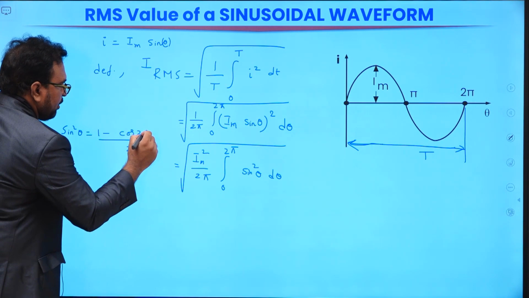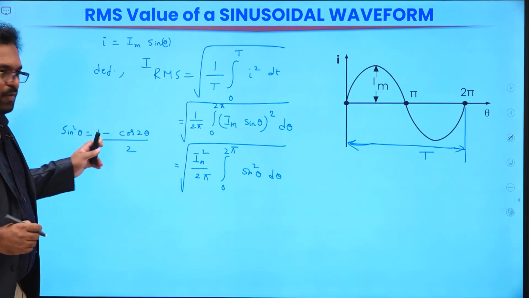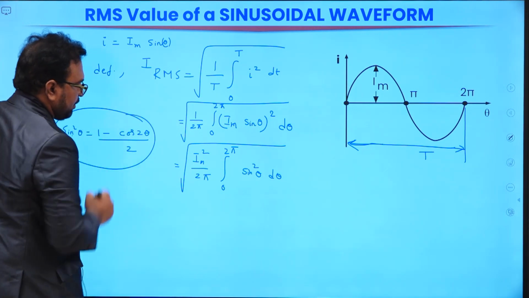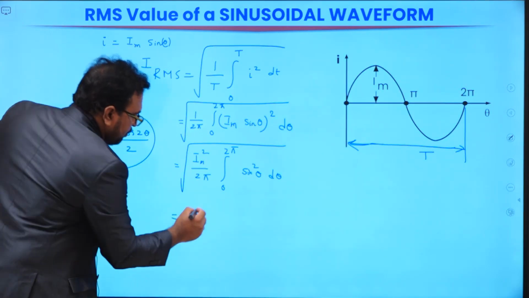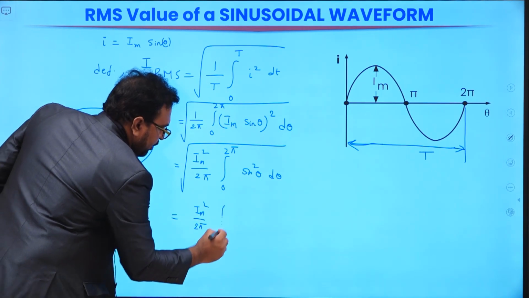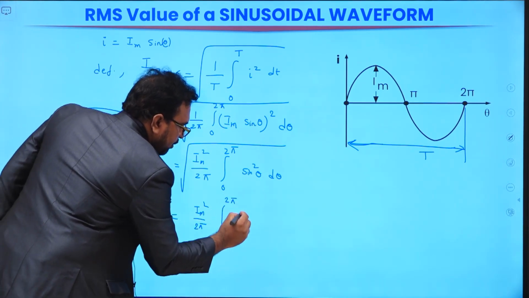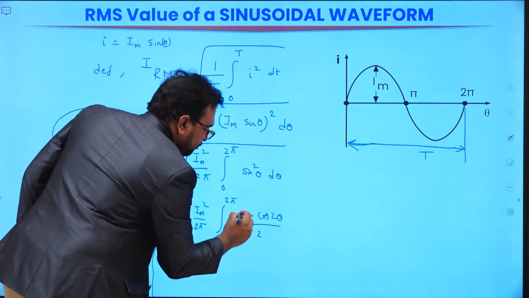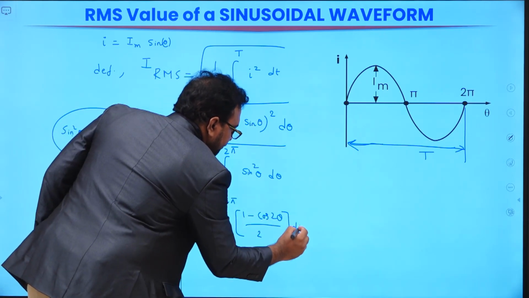From trigonometry, you know that sin square theta is 1 minus cos 2 theta by 2. Now replace sin square theta with this expression. So Im square divided by 2 pi integral 0 to 2 pi, 1 minus cos 2 theta by 2, into d theta.